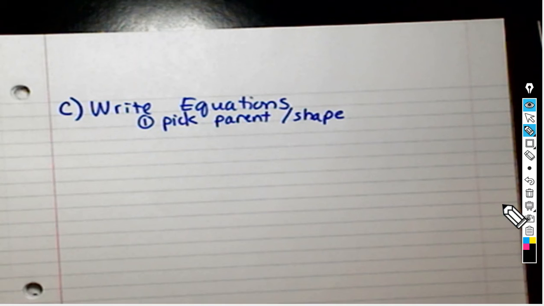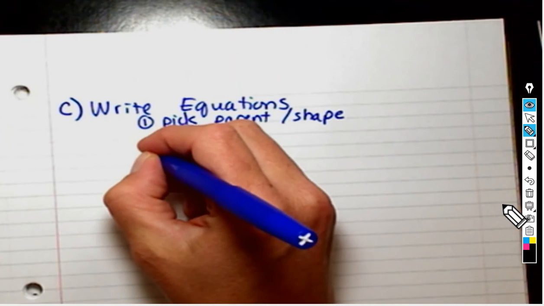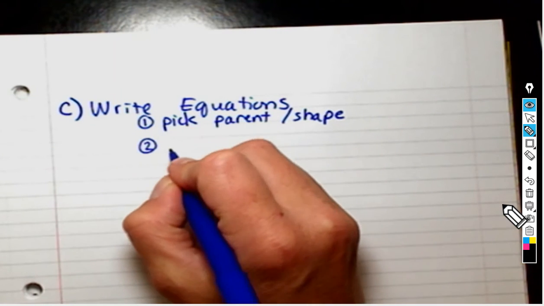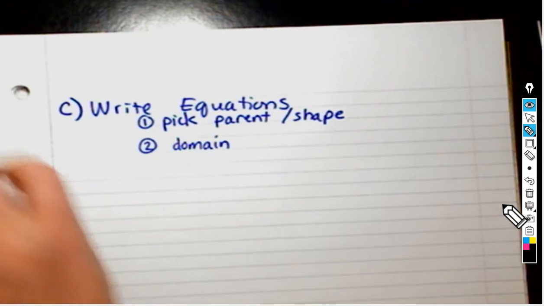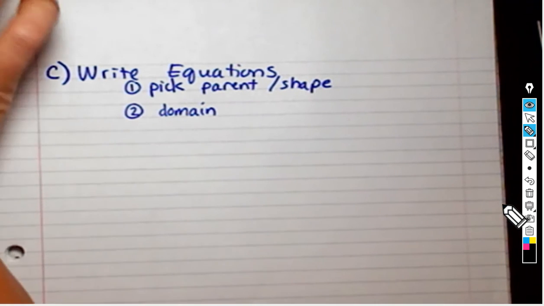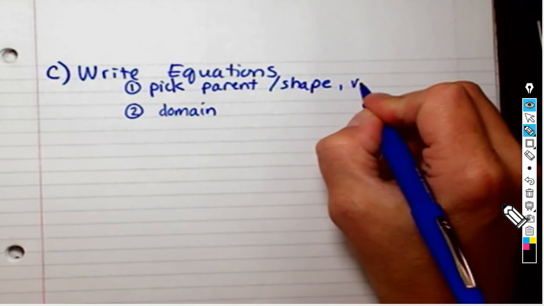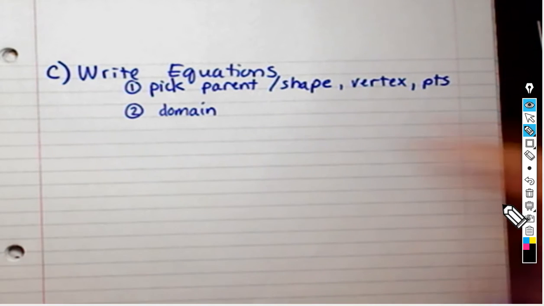You got to pick the right shape. And possibly we have to check the domain just to make sure it's working. Shape, vertex, points, right? We got to pick out the things off of the graph.